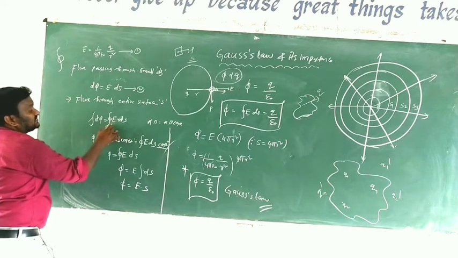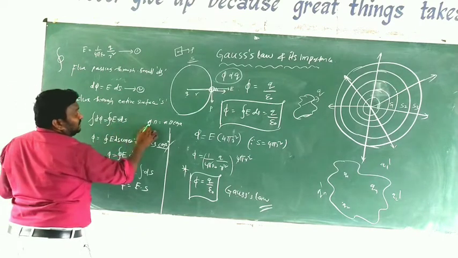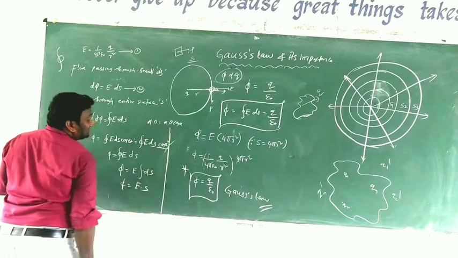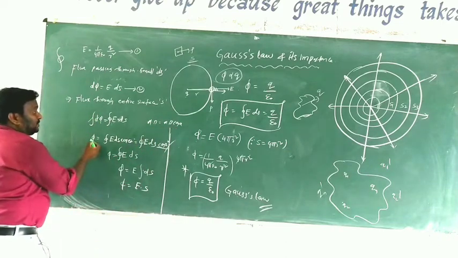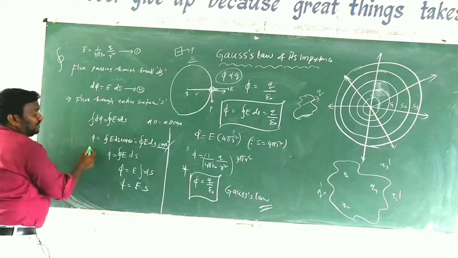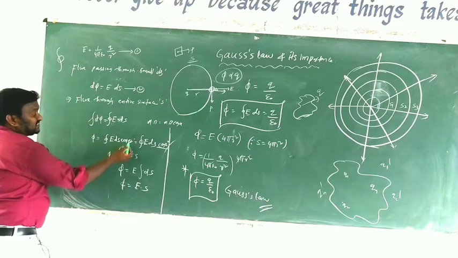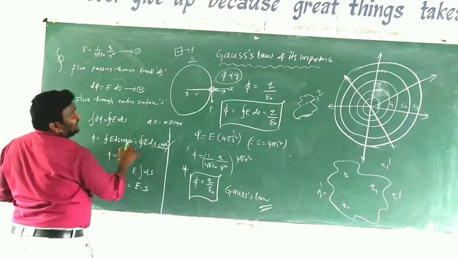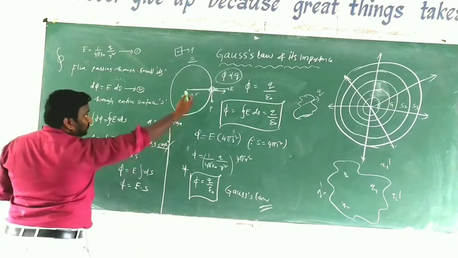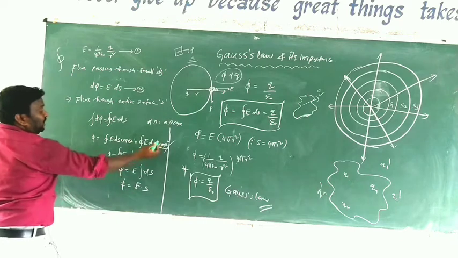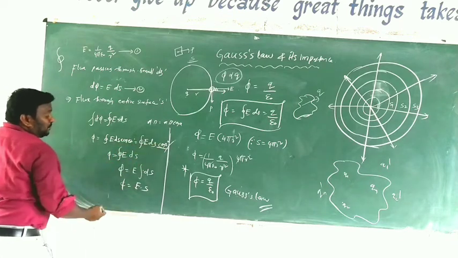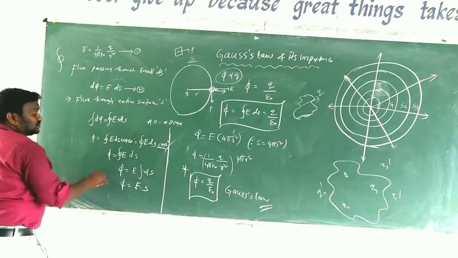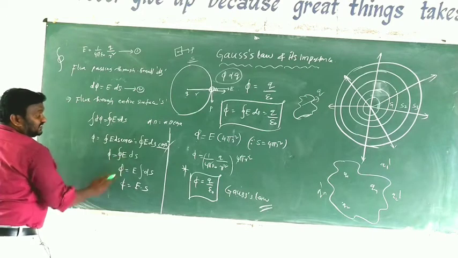The circle symbol on the integral represents that the surface is closed. Here E dot ds is like A dot B equals AB cos theta, so phi equals E ds cos theta. Theta is the angle between E and ds, which are parallel, so theta equals 0. Then phi equals closed integral E dot ds.